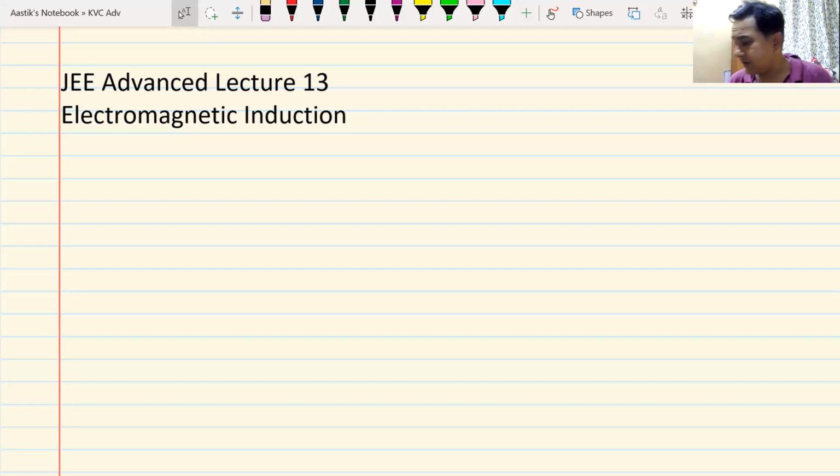Now, in the previous class, we had dealt with what I call dynamic EMI. We had seen what happens if a rod is moving or rotating in a uniform magnetic field, and we had seen that it can be replaced by a battery.